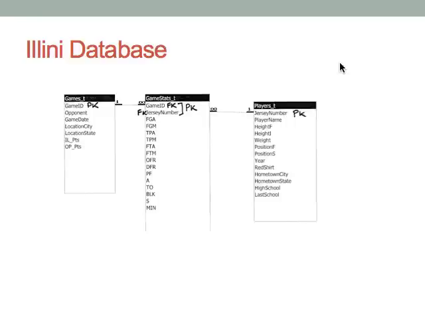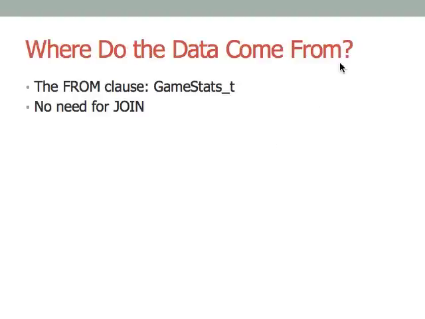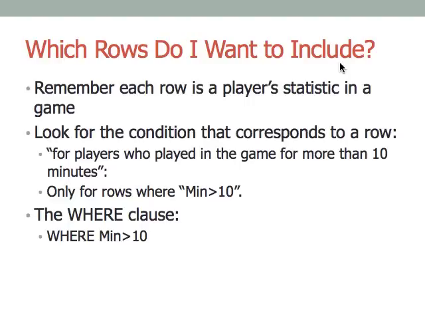First of all, we know that the data is coming to us from the game stats table. The illini.mdb data file has the games, the game stats, and the players tables. Here we are only looking at game stats, so there is no need for a join. So first of all, we want players who have played for more than 10 minutes.